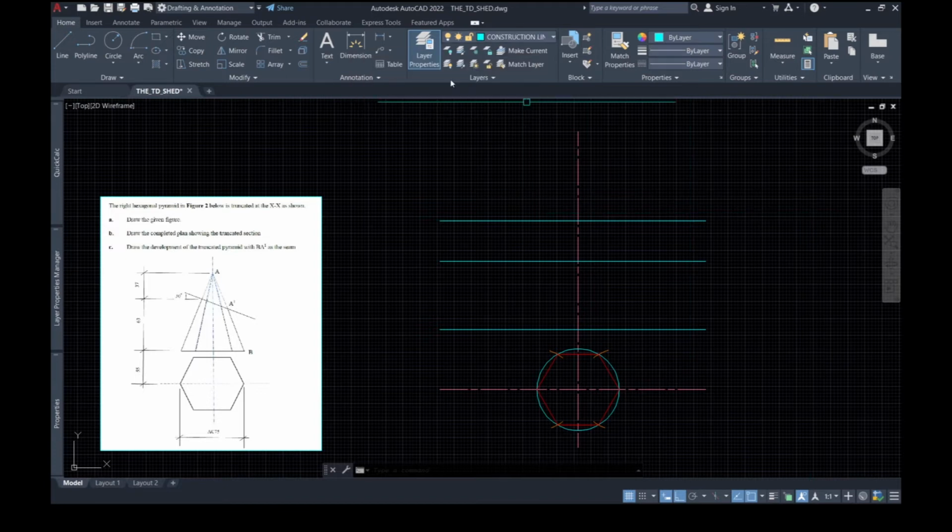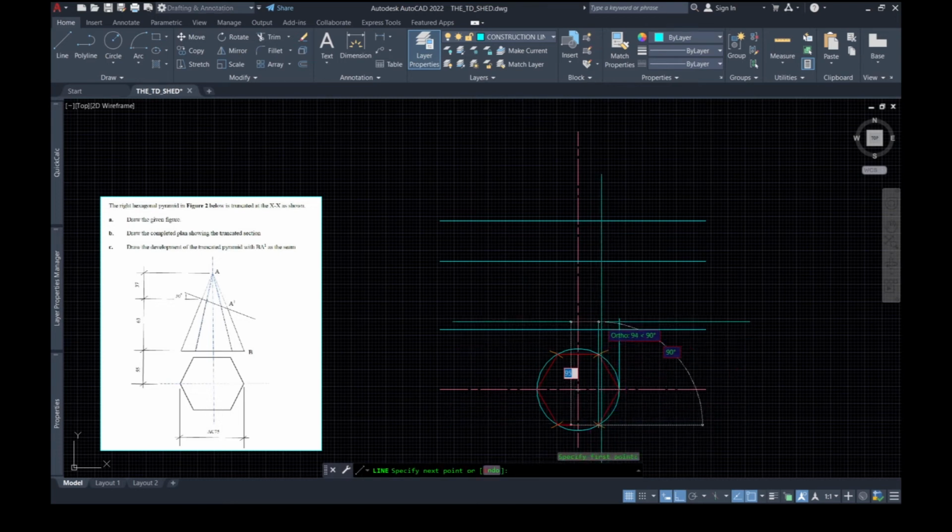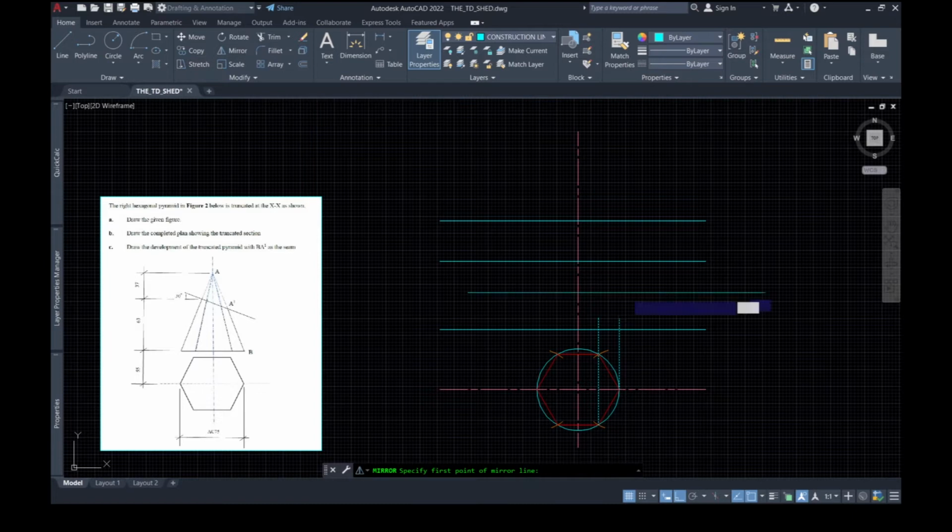For this, we will project straight lines from the corners of the pyramid to the baseline of the pyramid. I could use the mirror command to copy these lines to the other side, and then trim these lines along this line.